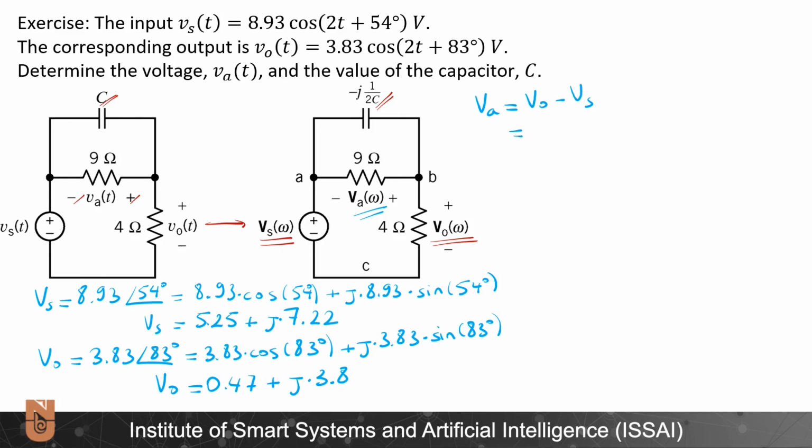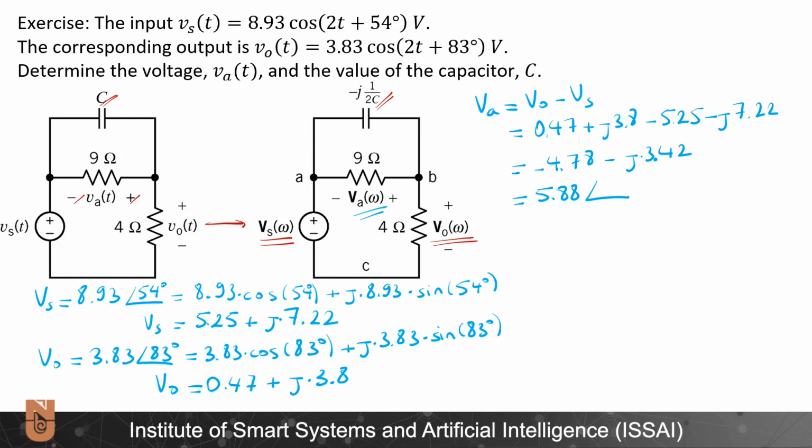It is equal to 0.47 plus j 3.8 minus 5.25 minus j 7.22, and this is equal to minus 4.78 minus j 3.42, and I can also write this in polar form as the magnitude of 5.88 and with an angle of 216 degrees.